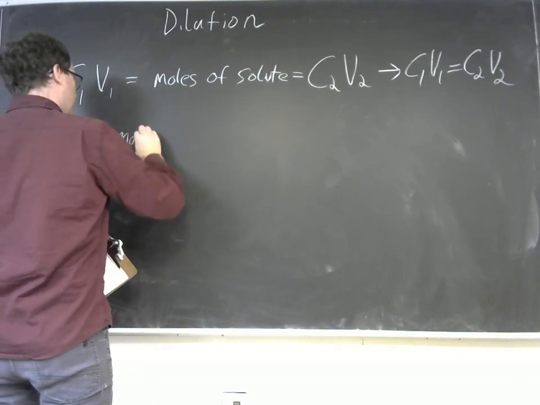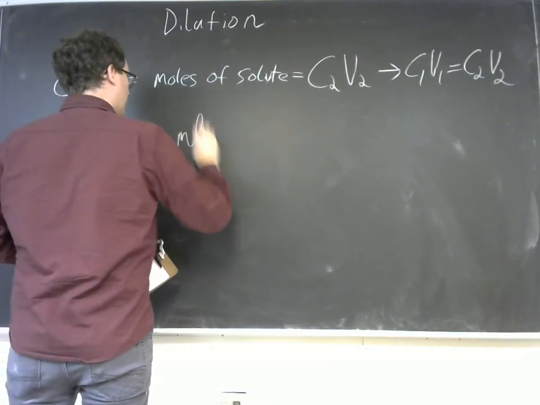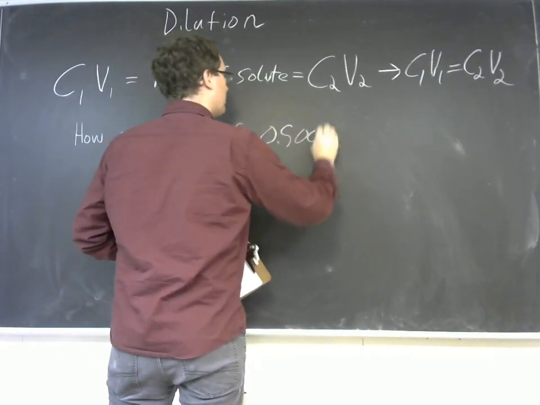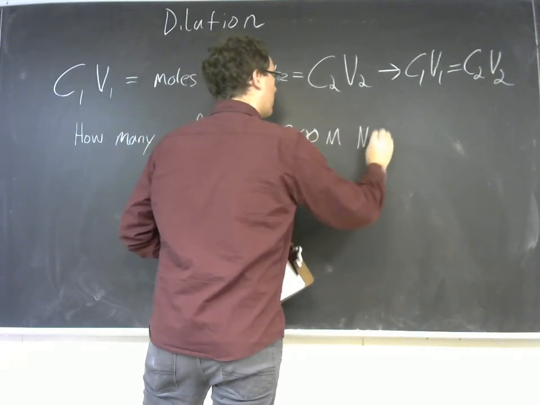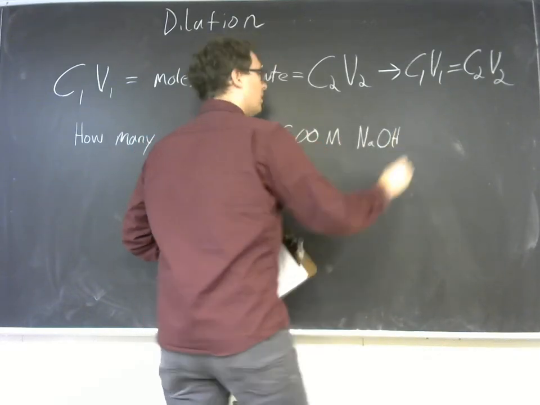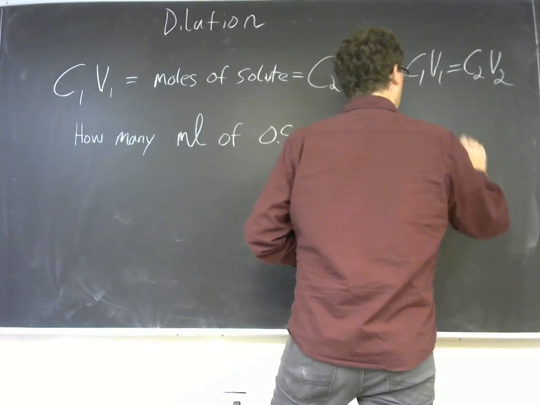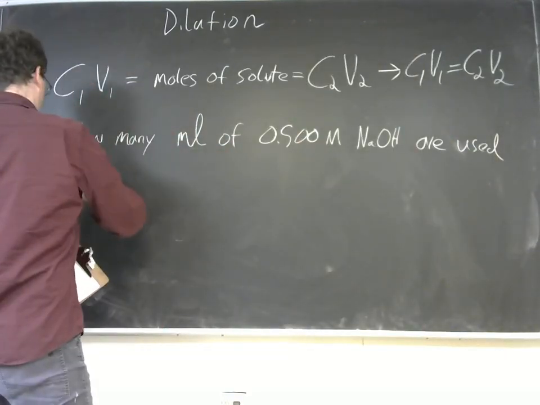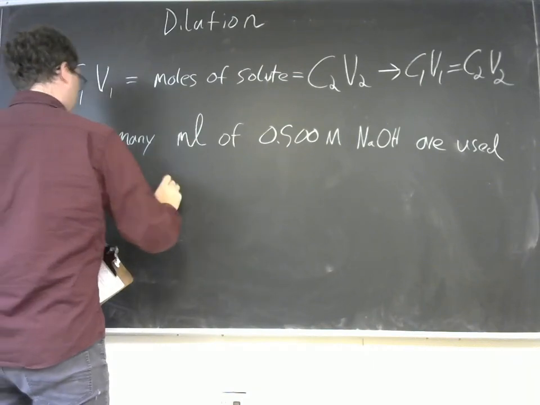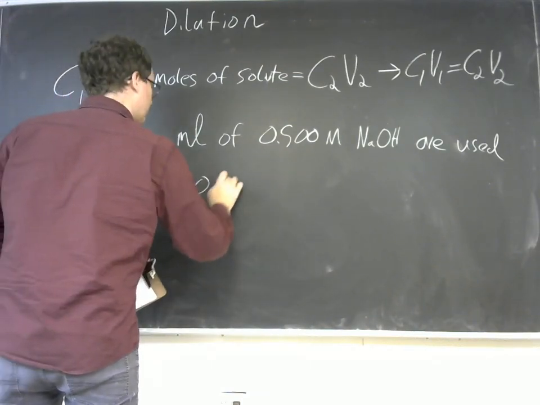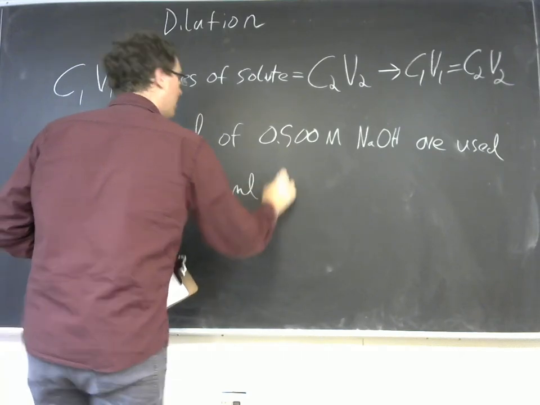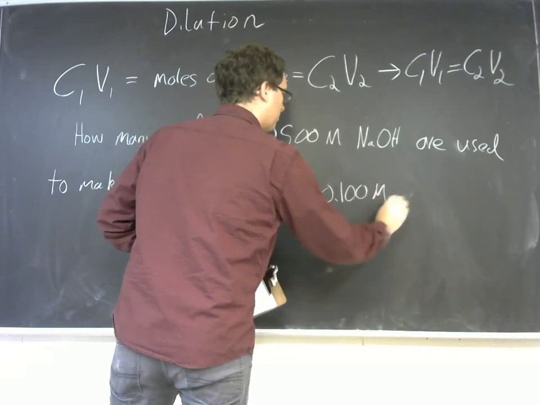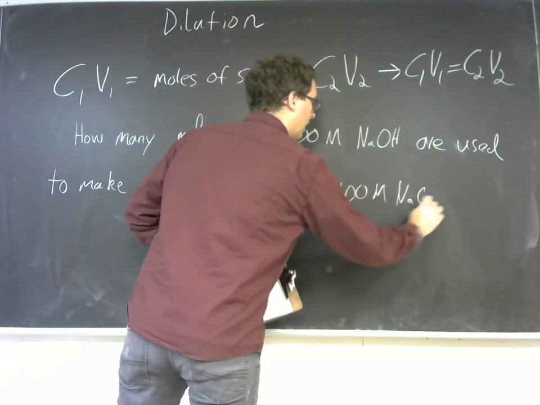And so we can answer a question like, let's say, how many milliliters of 0.500 molar NaOH are used to make 250.0 milliliters of 0.100 molar NaCl?